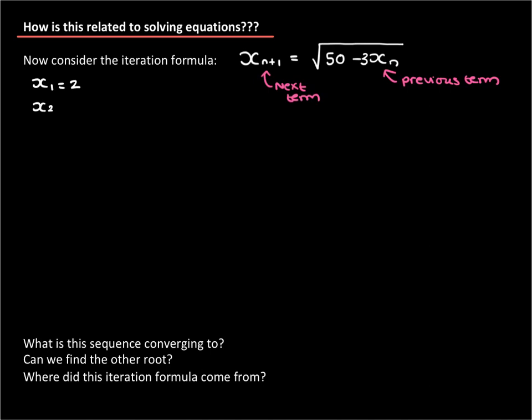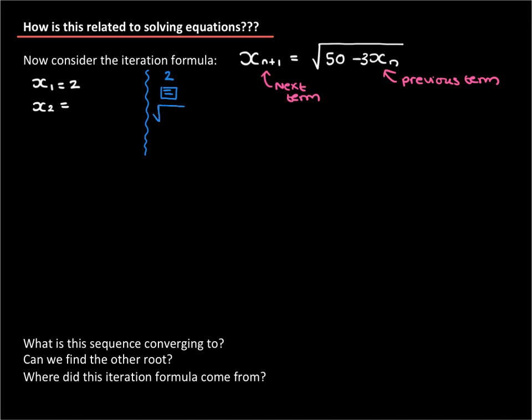Now, x2, we can then generate using the calculator. So remember how you do this on the calculator. We looked at this on the previous slide. Remind yourself if you need to do this. Input your first term, press the equals key, and then you need to input this iteration formula using the answer key to replace xn.